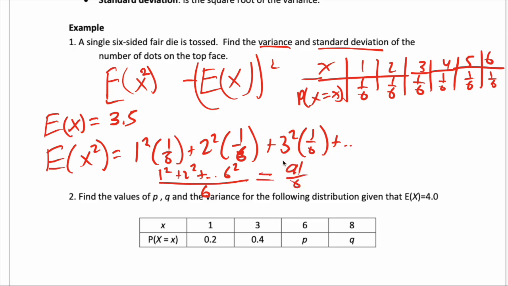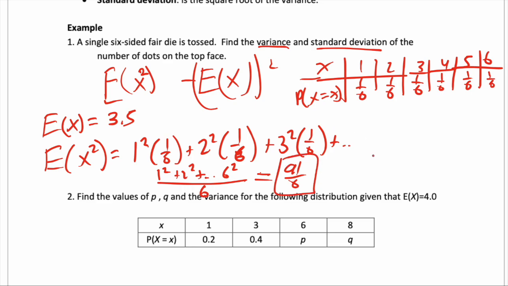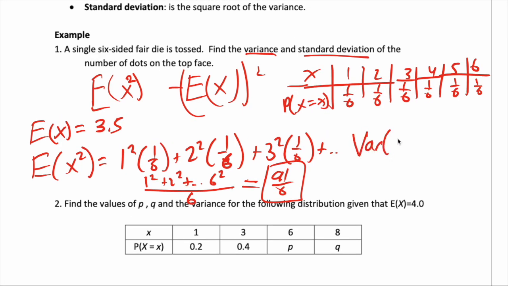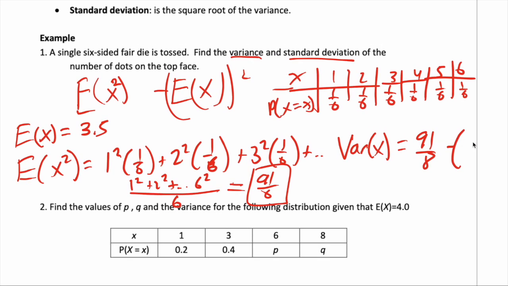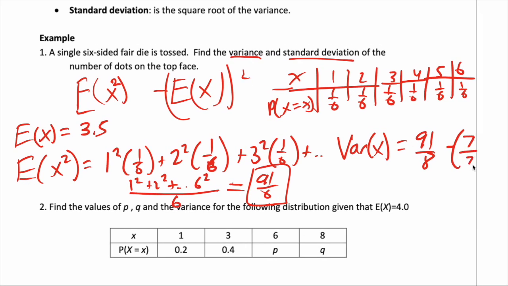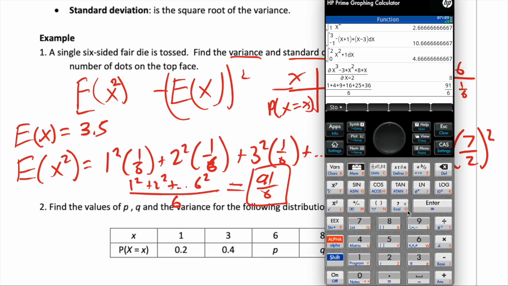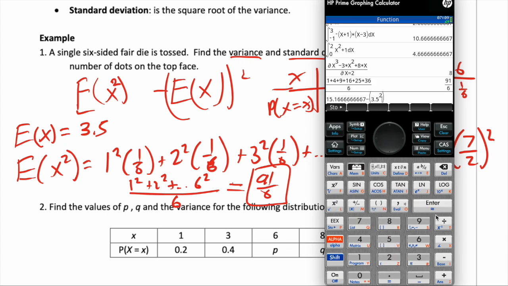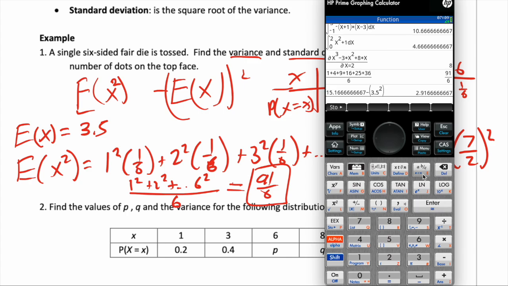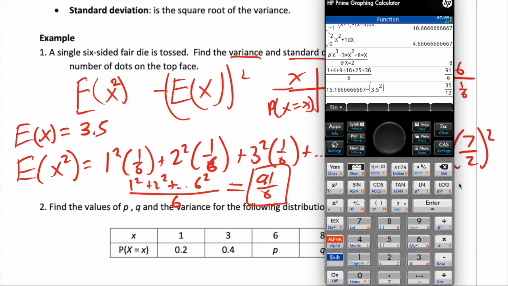91 over 6. Okay, so the variance is that number, 91 over 6, minus the expected value squared, which was 3.5, or 7 over 2, squared. So we take this number on a calculator and subtract 3.5 squared. And we get this number, maybe as a fraction, 35 over 12.